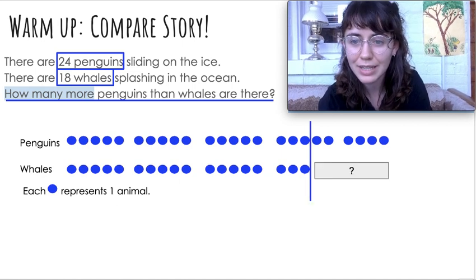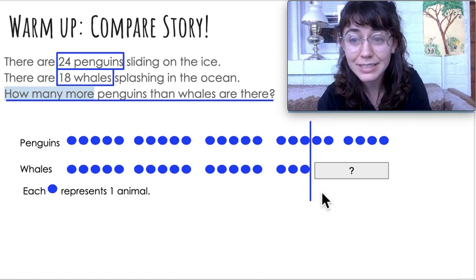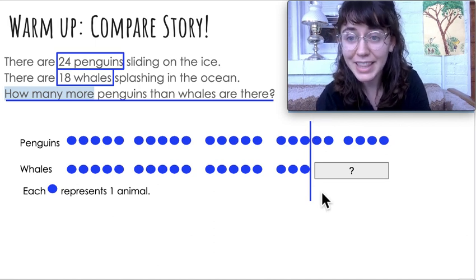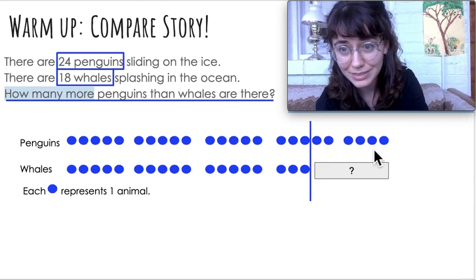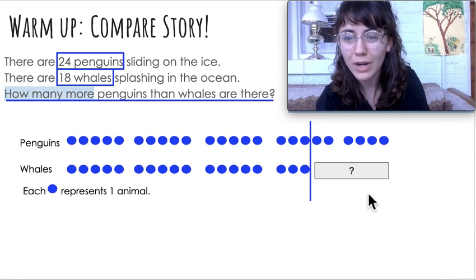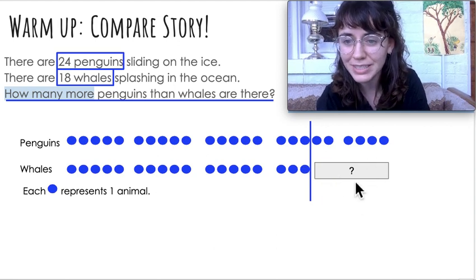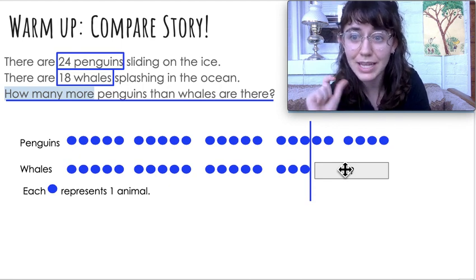And then I'm just going to draw a line right here to say, okay, up until this line, it's the same amount. But then the penguins, we kept going with more penguins, and then there weren't more whales. So what our question's asking for us to find out is what is the value of this amount right here, this missing chunk that is the difference between the number of penguins and the number of whales.